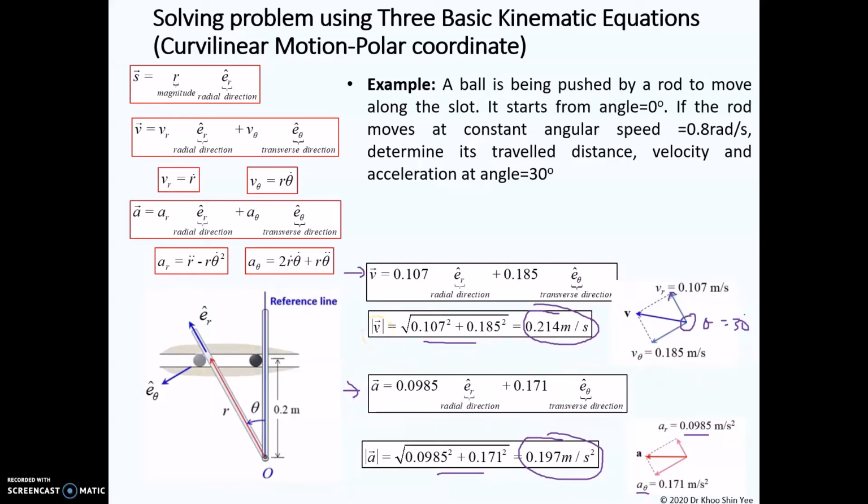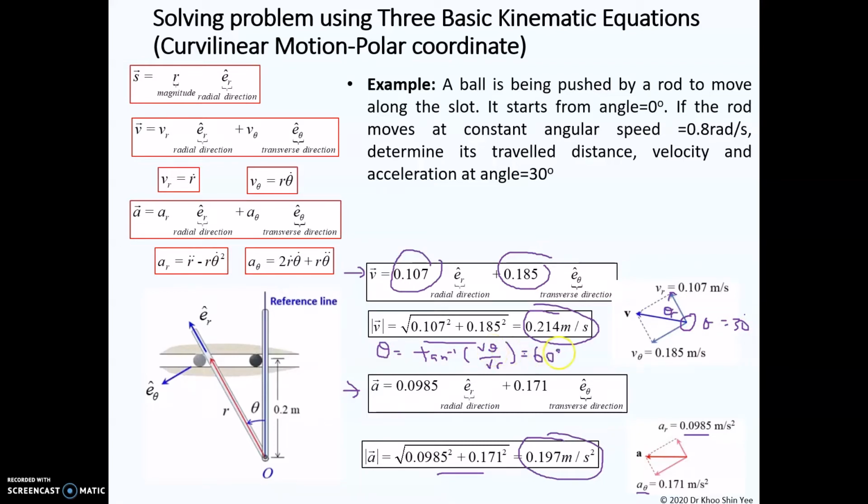You can also find the direction of the velocity and acceleration by using the arctangent of the velocity in the transverse direction divided by the velocity in the radial direction. So this angle is the angle here.